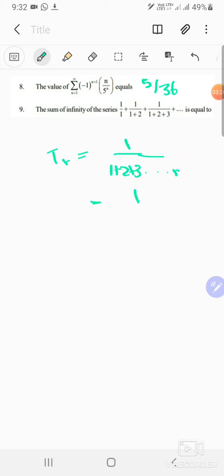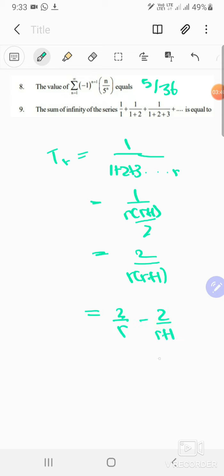Okay, so that's supposed to be 1 upon r into r plus 1 upon 2, which is 2 upon r into r plus 1, which can further be written as 2 upon r minus 2 upon r plus 1.